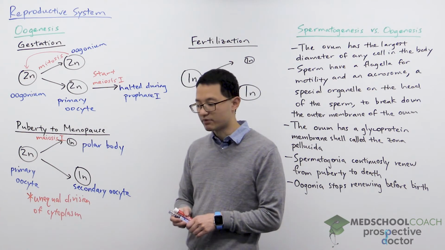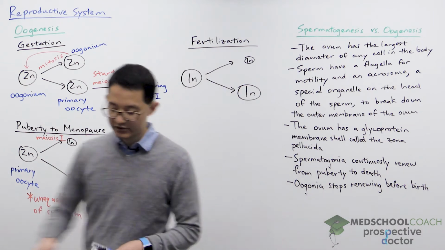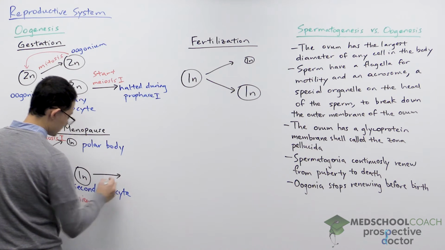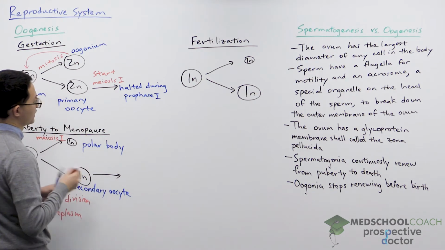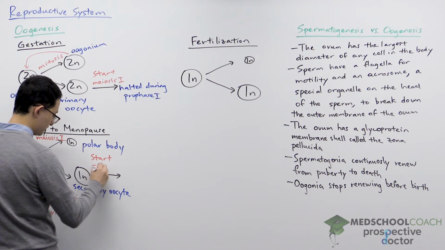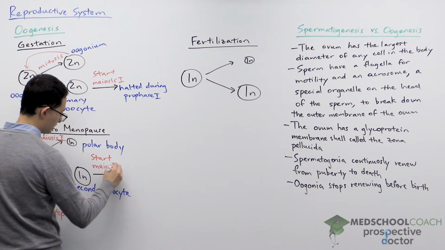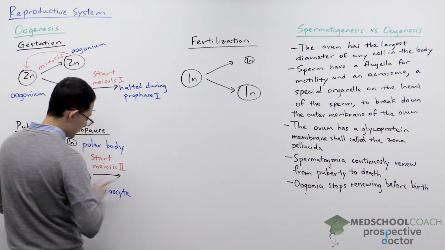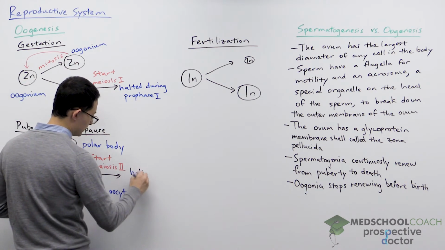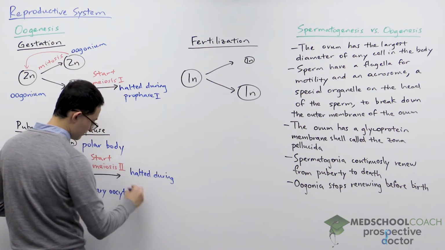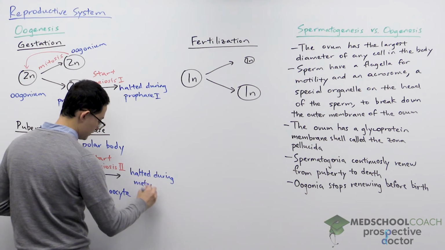But here is where the process again is halted. The secondary oocyte is going to start meiosis 2, and here this process is going to be halted during meiosis 2.